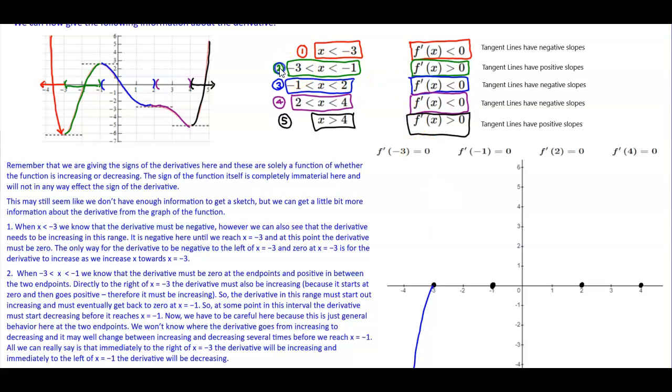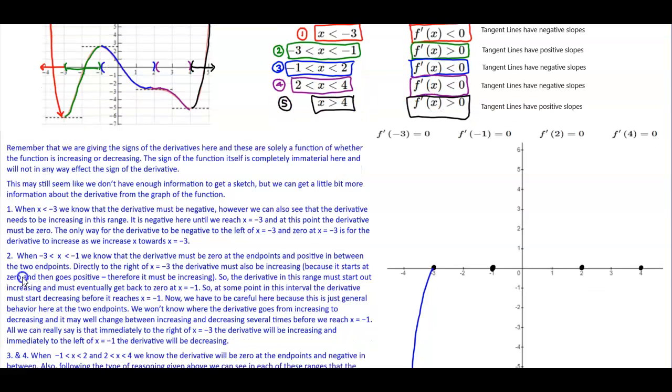Now in number 2, what happens to the derivative? Well, the derivative increases. So in 2, when x is in between -3 and -1, we know that the derivative must be 0 at the endpoints of -3 and -1. And directly to the right of x equals -3, the derivative must also be increasing because it starts at 0 and then goes positive.